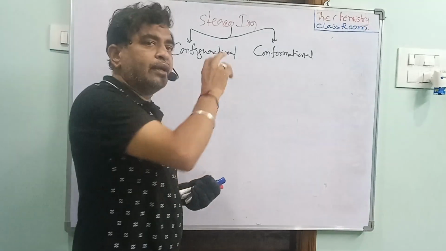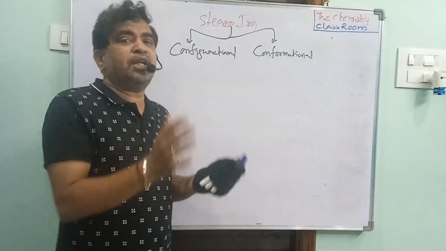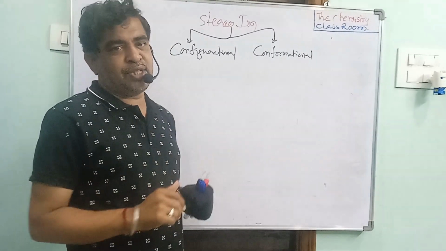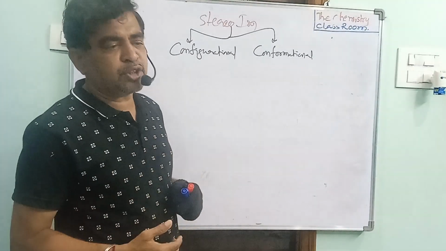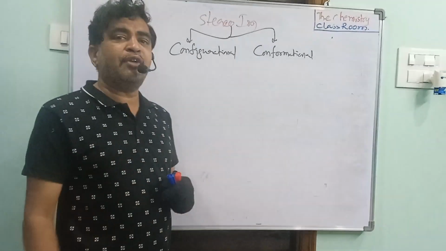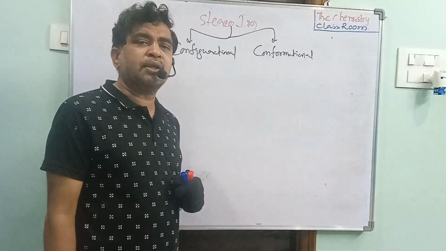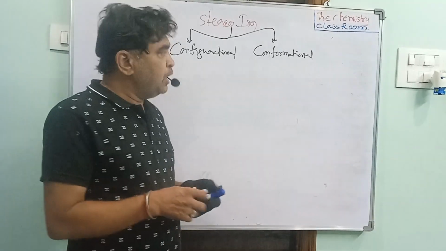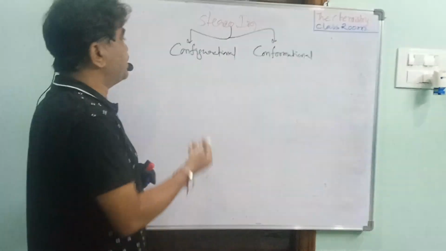Both come under stereoisomerism. Why? Because of the spatial arrangement, how they are arranged. Based on that only we are discussing the isomerism. One is called configurational, the second is called conformational isomerism, that is stereoisomerism. Again this configurational isomerism is classified into two.